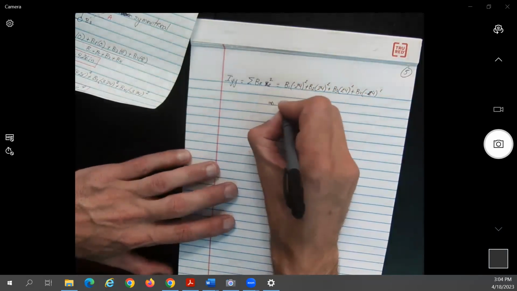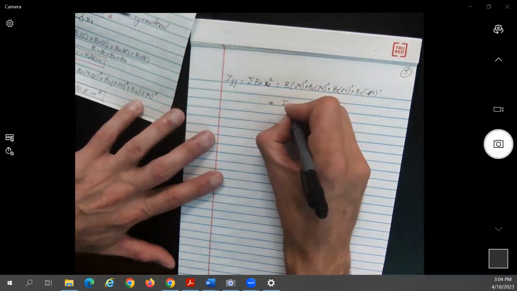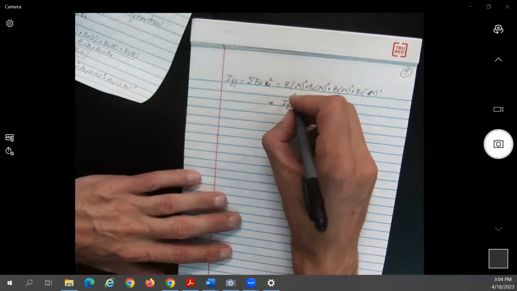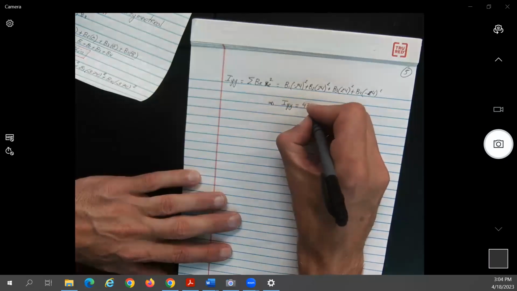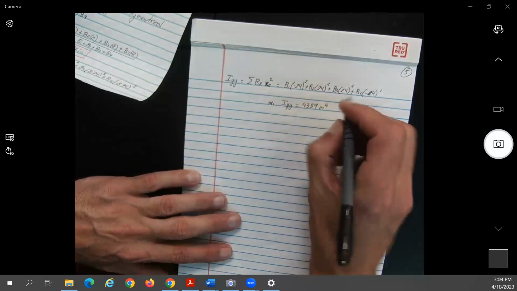And if you do the calculation, this will give you that IY will be equal to 4,359 inch to the fourth.